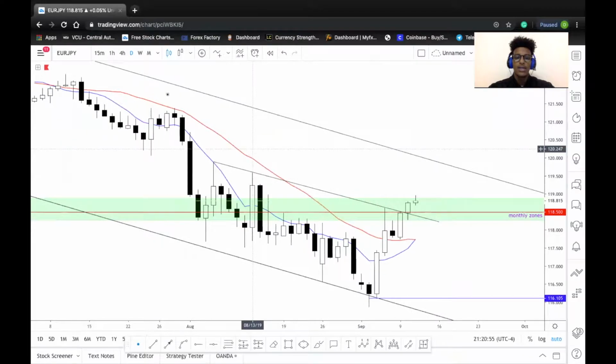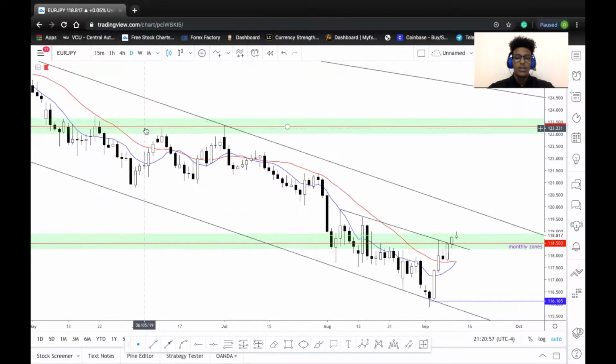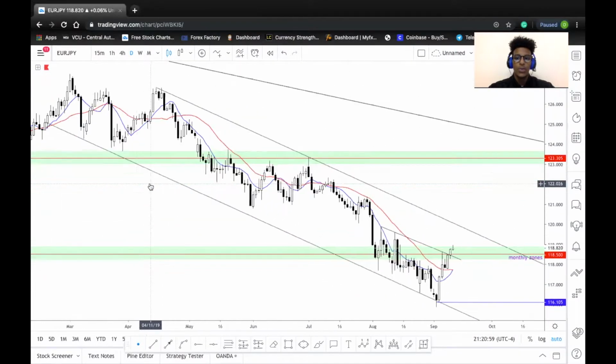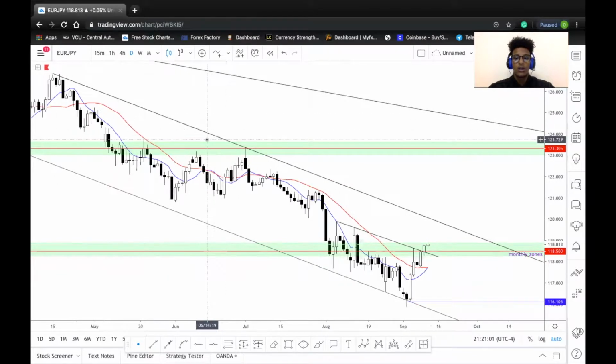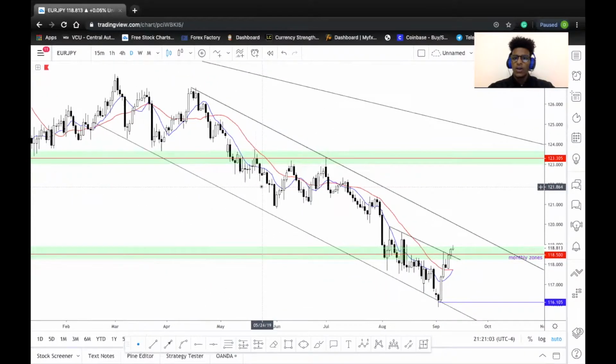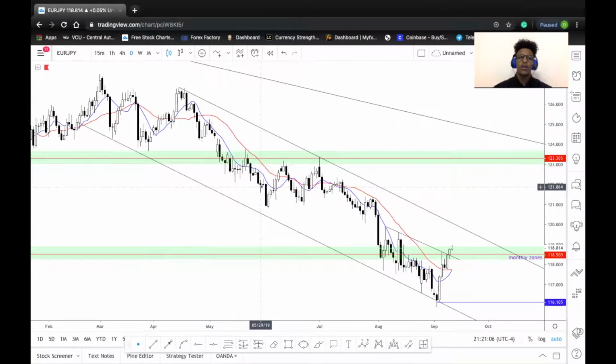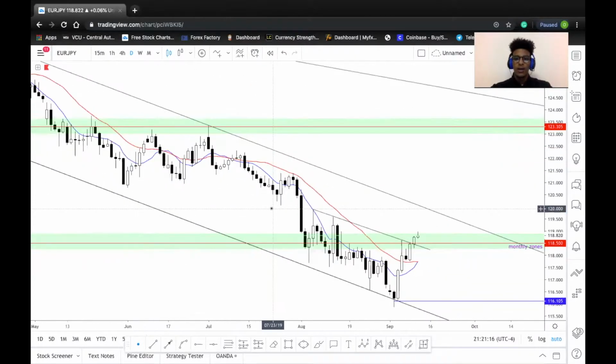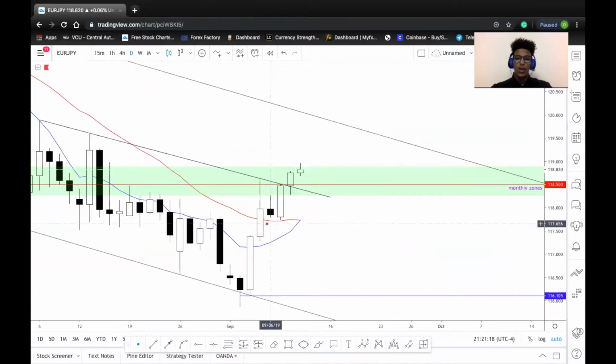We are testing the strong monthly resistance and support zone, and we're still in a downtrend. I believe there are some fundamentals coming out with Euro this week regarding interest rates, so I'd like to see how that plays out. They're projected to be negative, so I'd like to see how that has an effect on their economy. It's projected to go down.